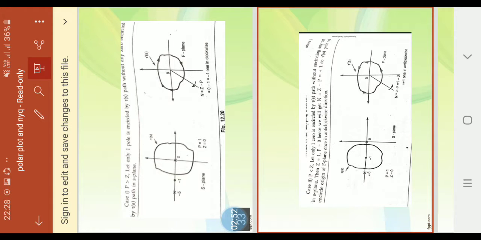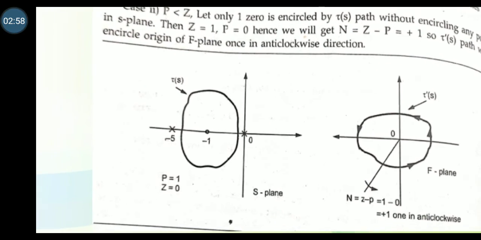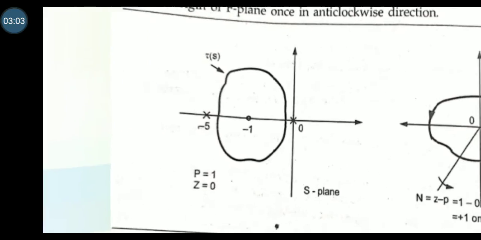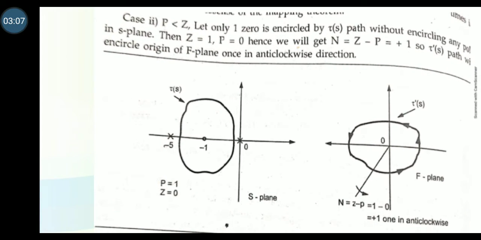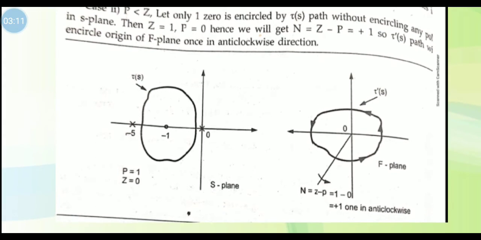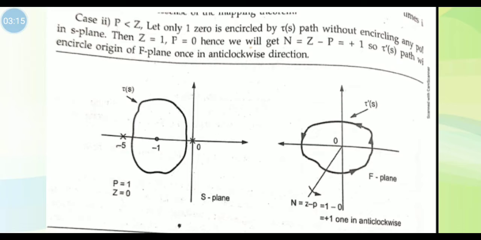Now we will take case 2. P is less than Z. So let only one zero be encircled by Γ'(s) path.